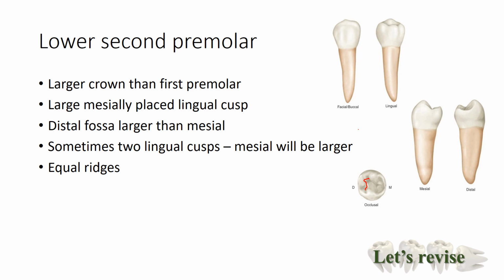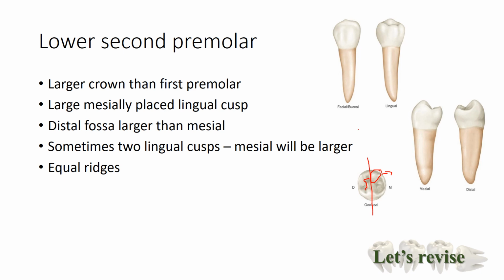So this is really difficult, really not so easy to get your mesial and your distal on. And so we're really going to be looking at our fossas here. So with our distal fossa being larger, and with our lingual cusp, you see here, this is our lingual cusp, and you notice that is mesial to the midline.